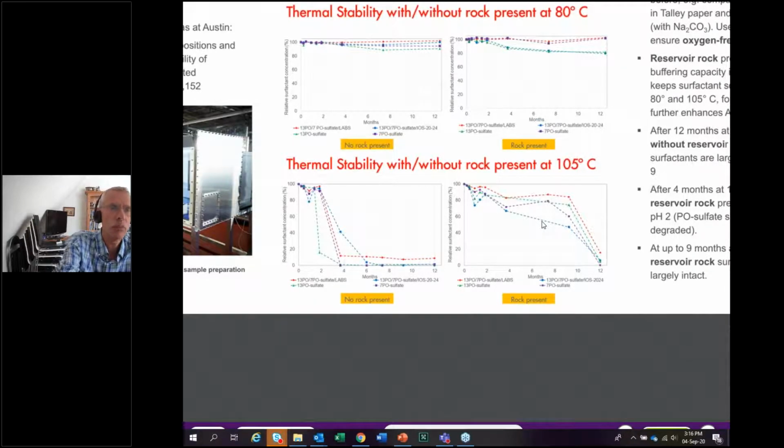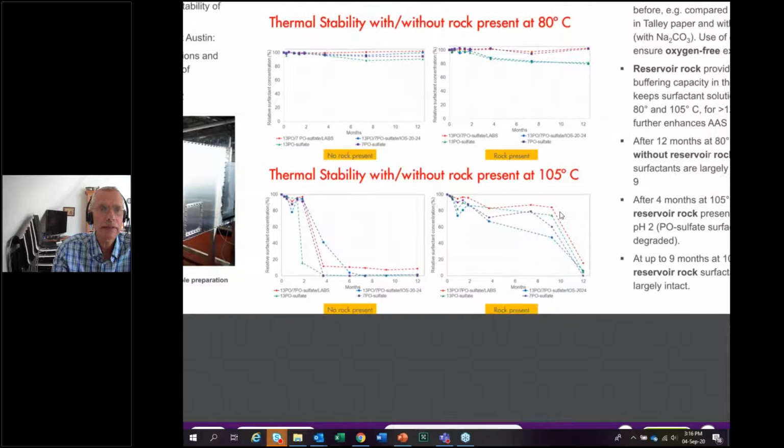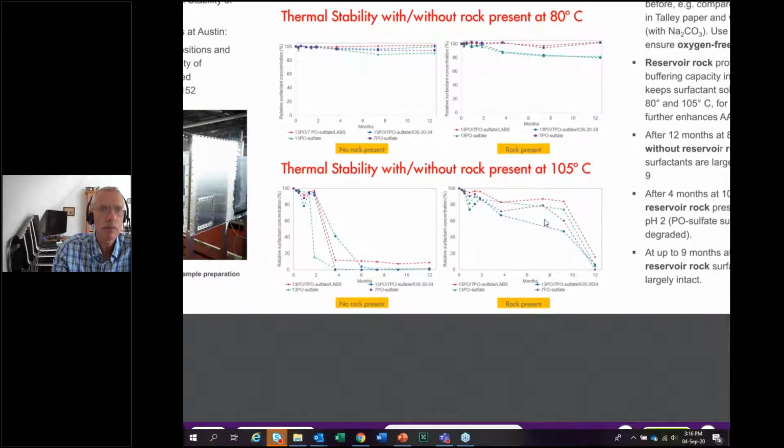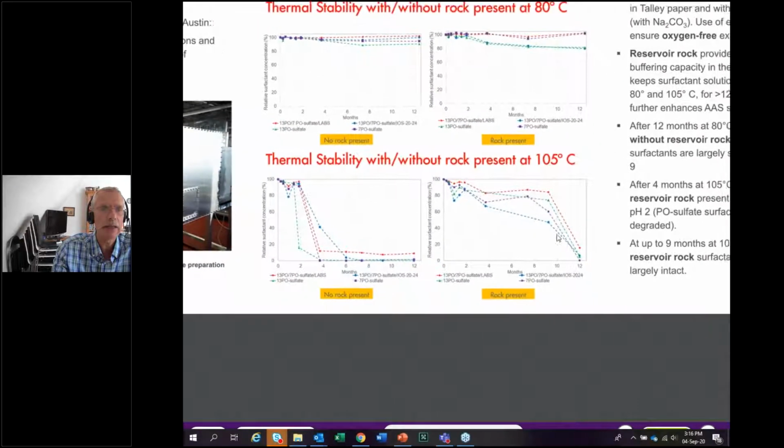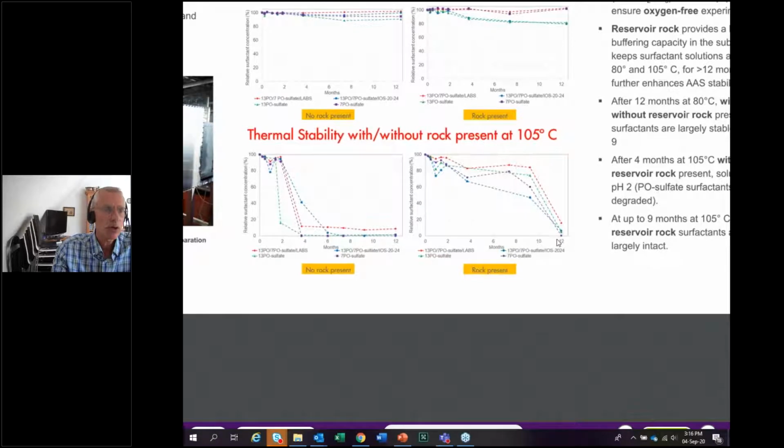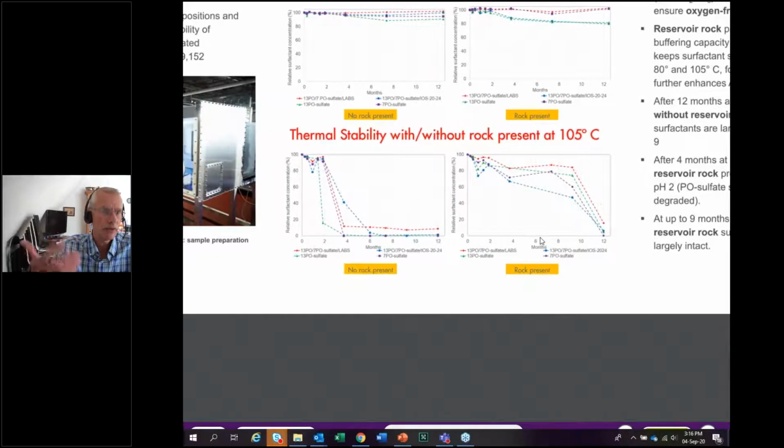Whereas with rock present, at 105 degrees Celsius, we were getting stability up to about, let's just say, 8 months or so, and then it decreased. So what this is showing is that even at 105, which is a very hot temperature, the alcohol epoxy sulfate is staying reasonably stable, and it's not diving. You're not getting this over-a-cliff instability.